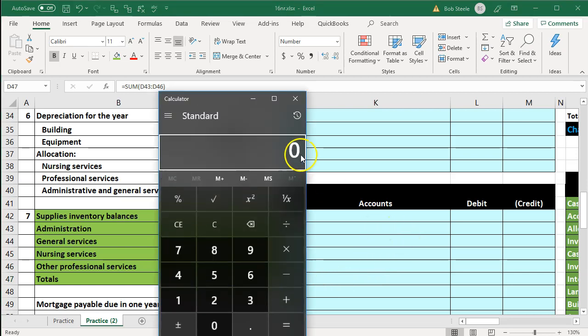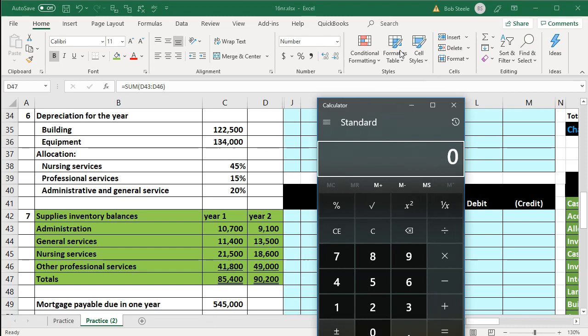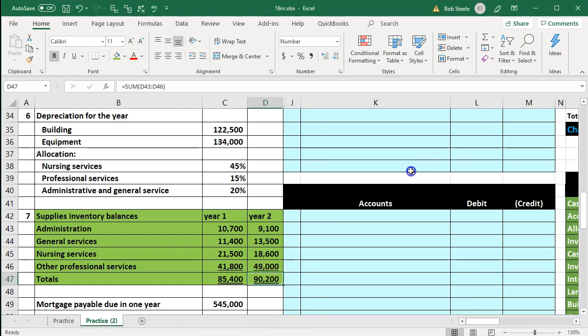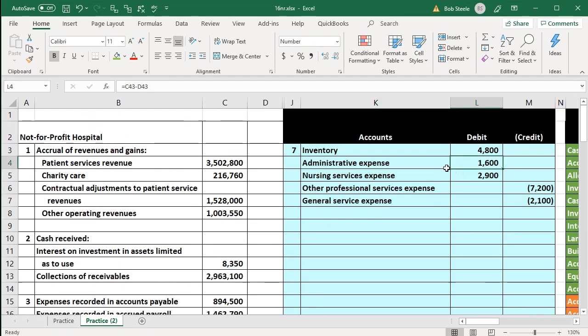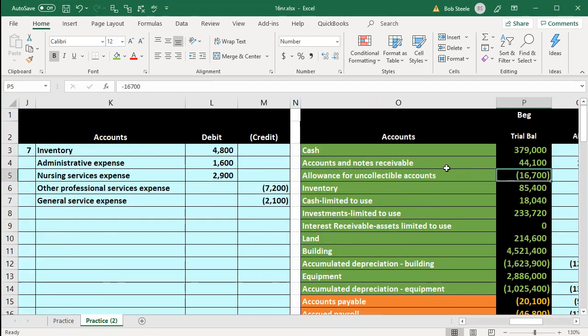We already saw that process, which was the 90,200 minus, and you could think of it this way, the 85,400. That's going to be the 4,800. If we scroll back up top and you look at the inventory, here's the 85,400. That's the beginning balance. So that's the 4,800 here as well.